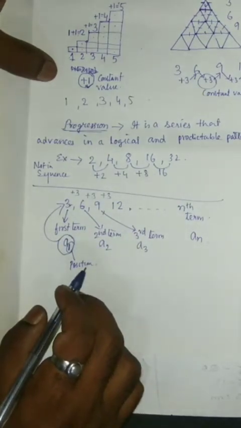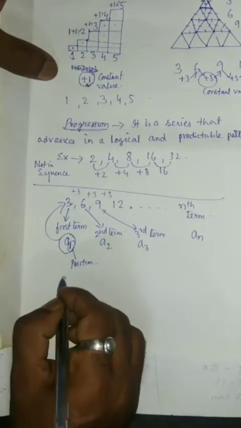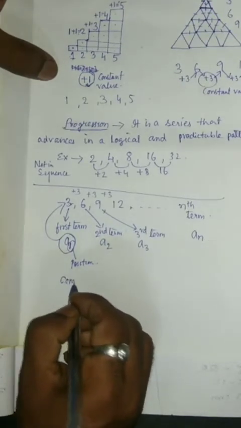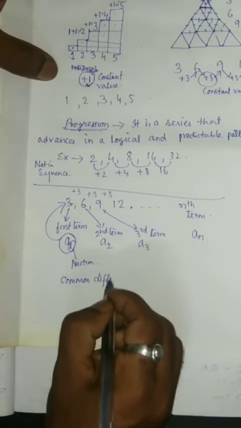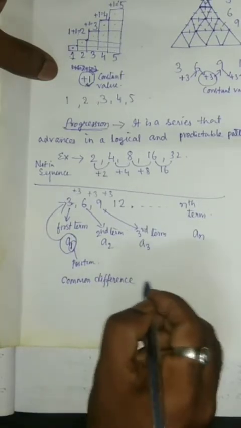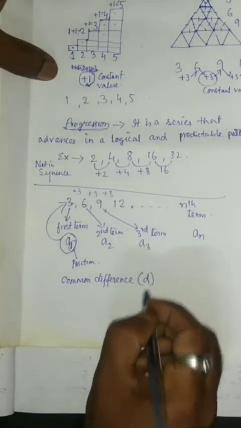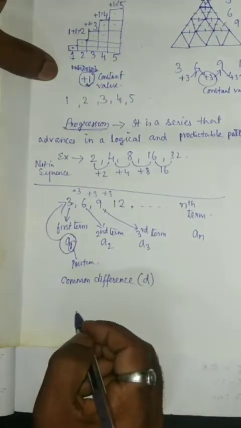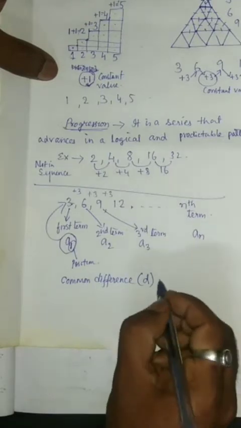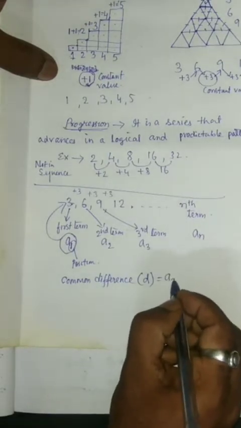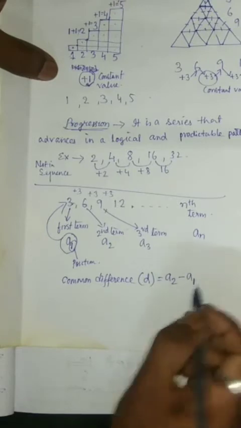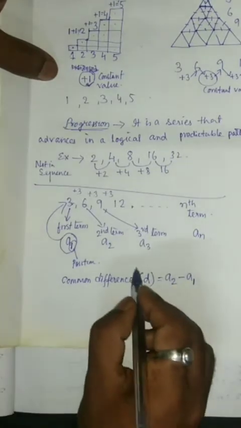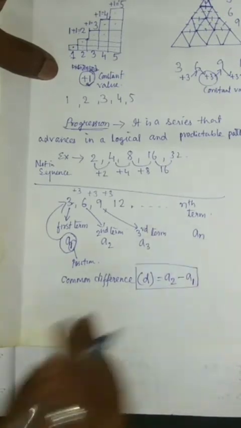That plus 3 is called our common difference, which is denoted by D. So how do we find our common difference? When we subtract our first term from the second term, we get our common difference.